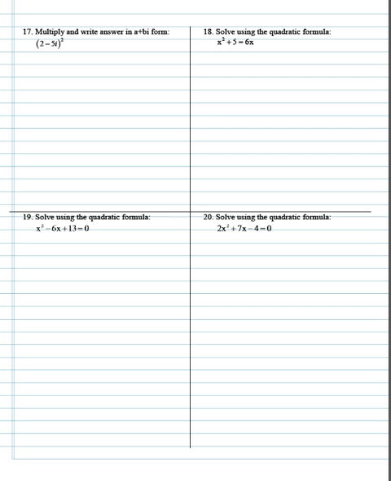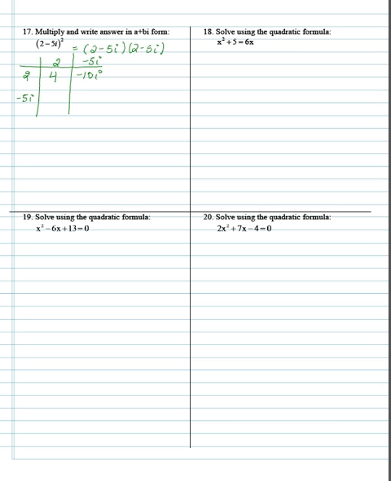Now let's go ahead and do the next problem. 2 minus 5i squared. That is 2 minus 5i times 2 minus 5i. So let me just do the box way. So here I have 2 minus 5i and 2 minus 5i. 2 times 2, 4. 2 times negative 5i, negative 10i.